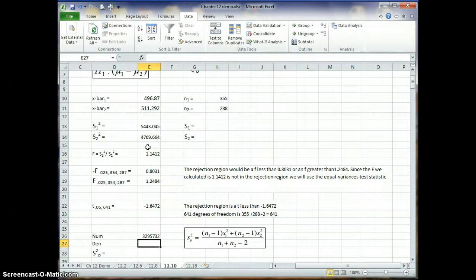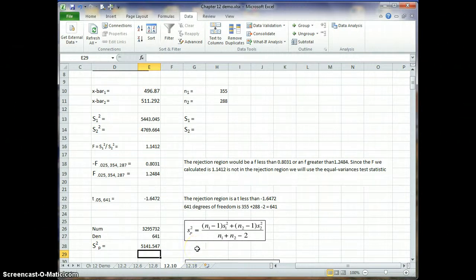And then the denominator is simply n1 plus n2 minus 2. And then to get the S sub p squared, it's equal to the numerator divided by the denominator, which equals 5,141.547.